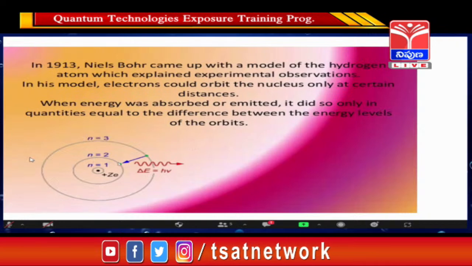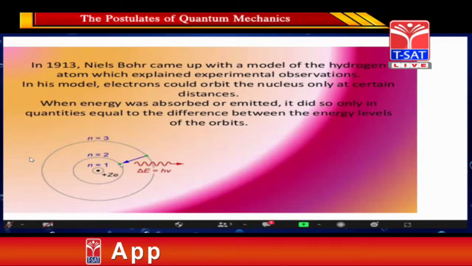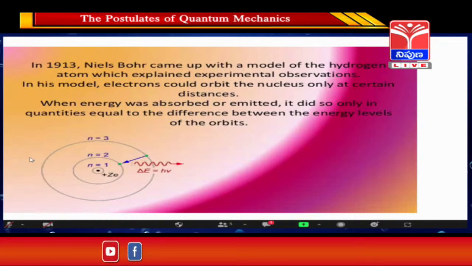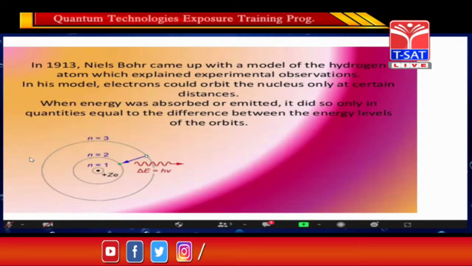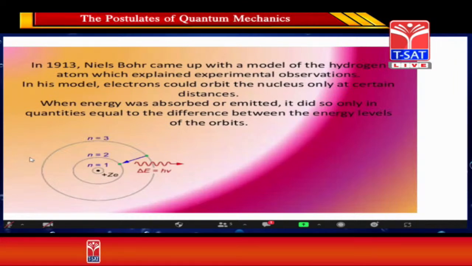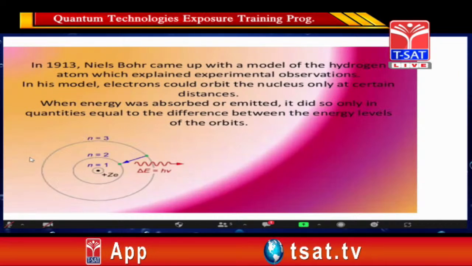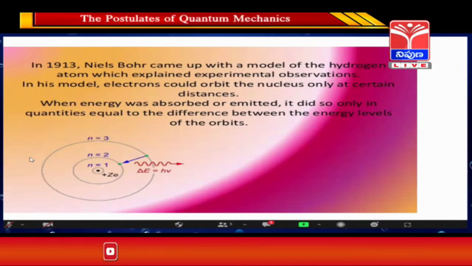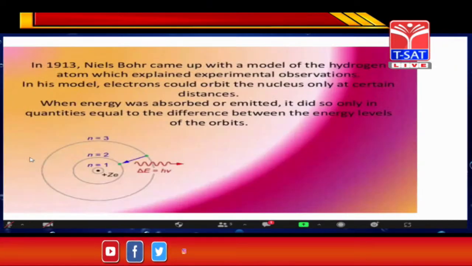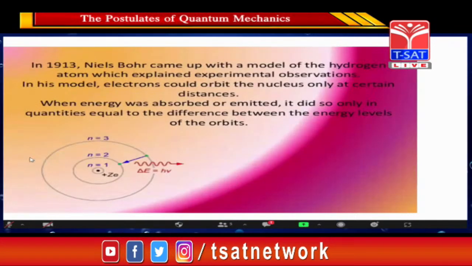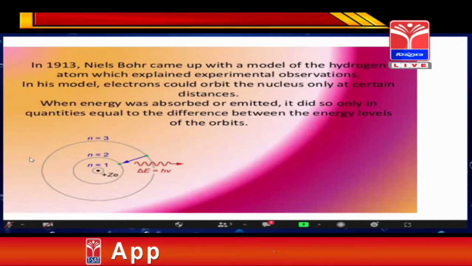When an electron jumps from a lower level to a higher level, it acquires energy and goes to the higher energy level, and from higher to lower it radiates energy and goes to the lower level. So what are these paths? The paths are given by the Bohr quantization model, which is associated with angular momentum.